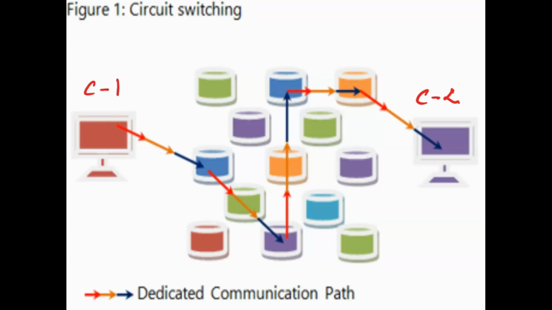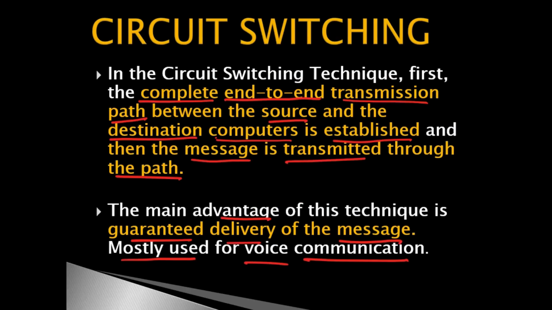Circuit switching uses a dedicated communication path between computer 1 and computer 2. See here, we have the path over here, it goes up and goes by this side, and it reaches the destination computer. So this is a guaranteed message transmission technique, and this is circuit switching.